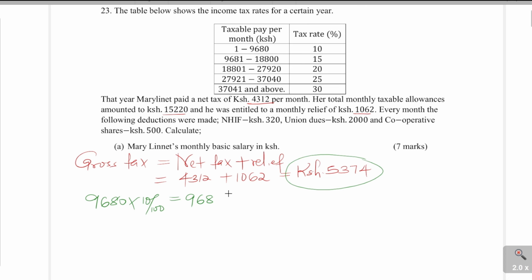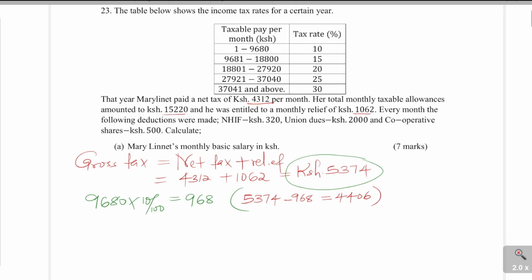So what is remaining? I'll be putting what is remaining in the bracket. We have 53.74, the tax we want to get. From the first slab, we already have the tax of 968. So we want to get the balance. What is remaining is 44.06.